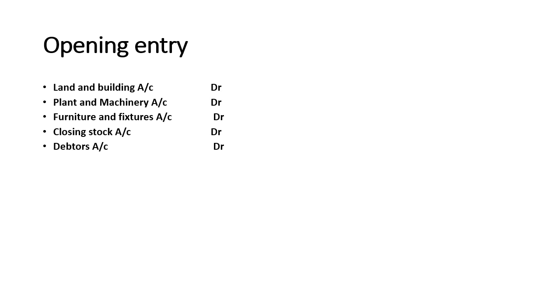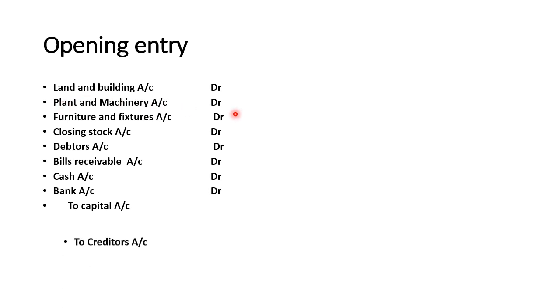The first entry in the journal is passed to record the closing balances of the previous year, and it is called the opening entry. In the opening entry, all the assets are debited and liabilities are credited. For example, land and building is an asset, so it will be debited.